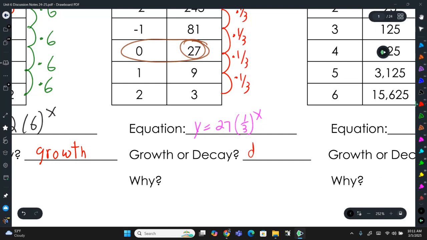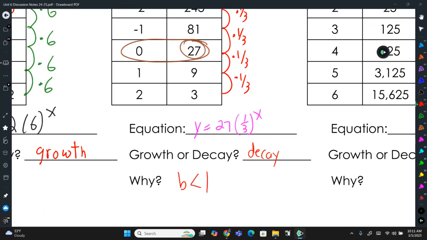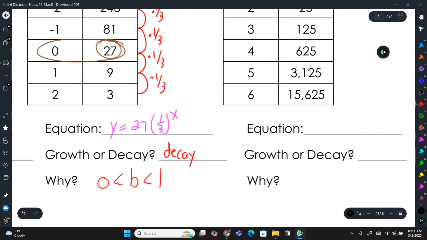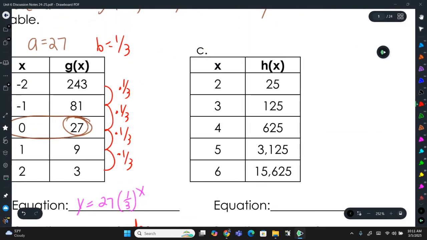Now this is a decay function because our b value is less than 1. Actually, we'll write it: our b value is greater than 0 but less than 1. All right, our last example here.